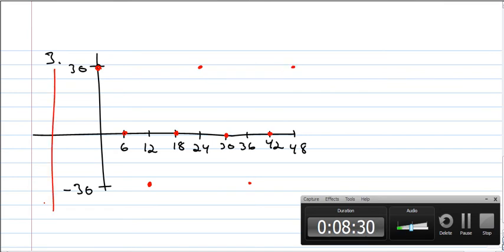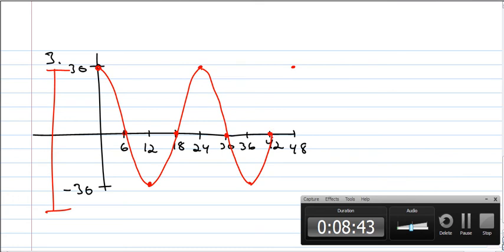I think half this distance here is 30. Your curve looks like this guy. It starts to repeat itself at 24, so we'd say period equals 24, amplitude equals 30.